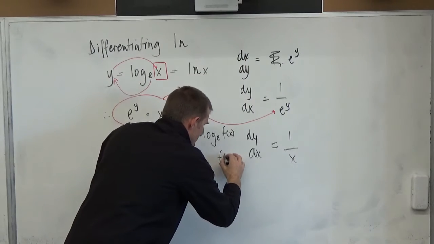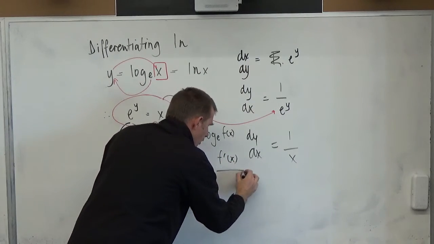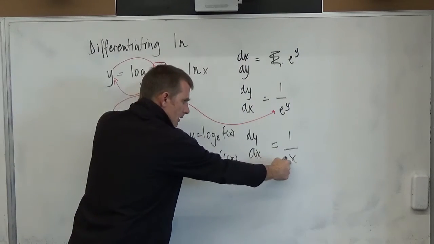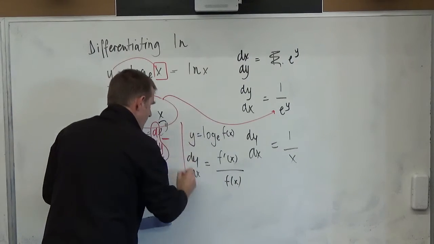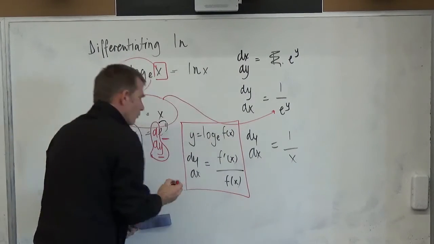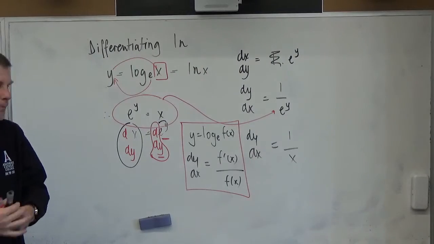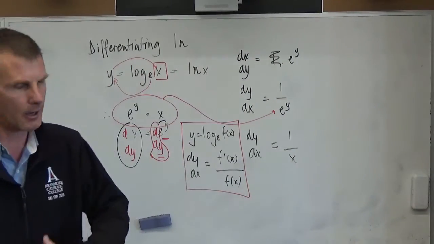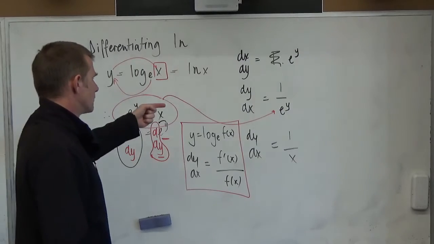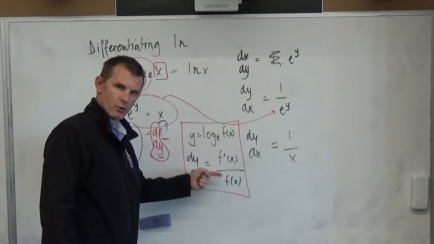So on my top line it's f dash of x over, and that one just appeared on the bottom, f of x. So that there is the rule I need to work to. But of course, in showing you how it works, I want to start with a simple case. It'll get too complex otherwise. So this is the rule you want to work with.